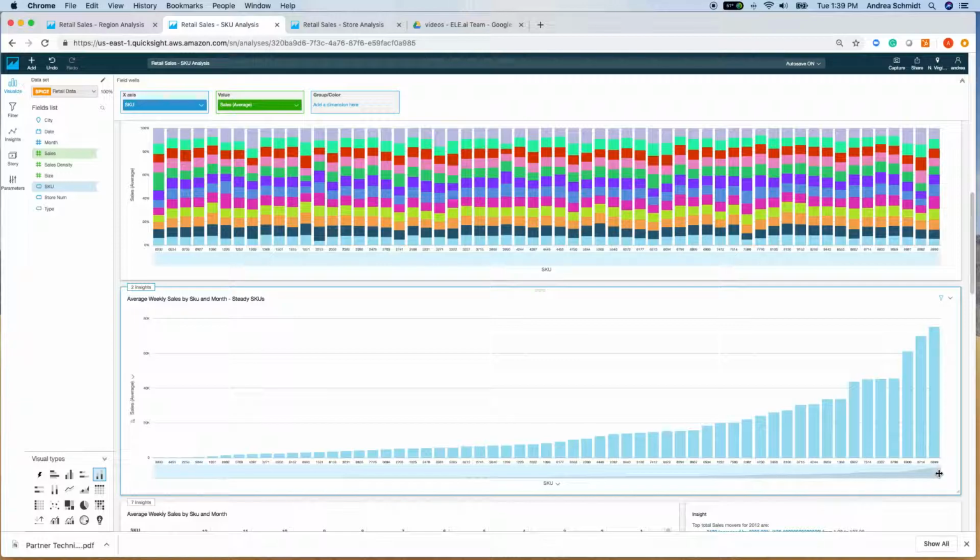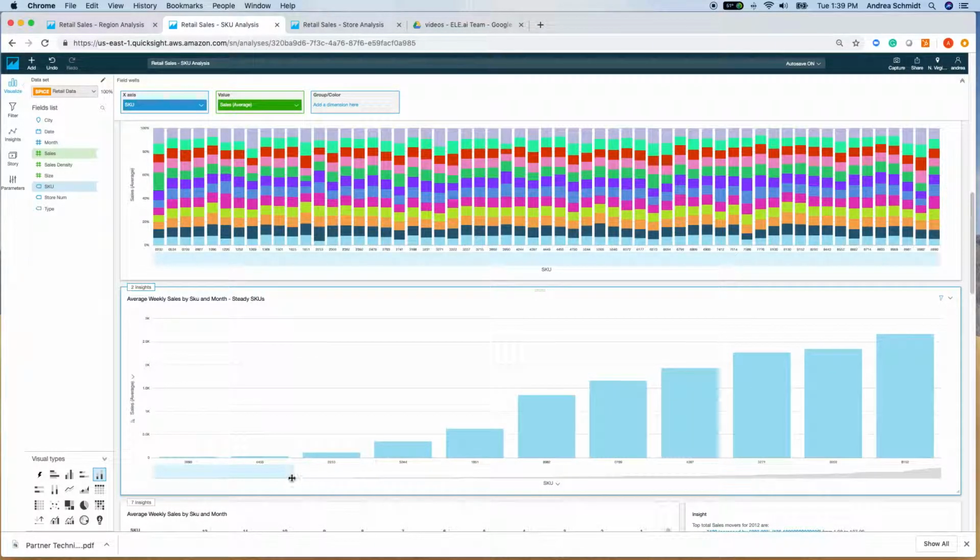If I want to see my poor performers, I can zoom in here and go, okay, well, over here, I make less than $1,000, oh, sorry, a week, on average. $1,000 is this line right here. So these three are under $1,000 on average every week.